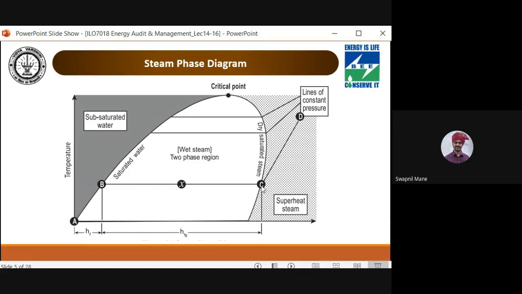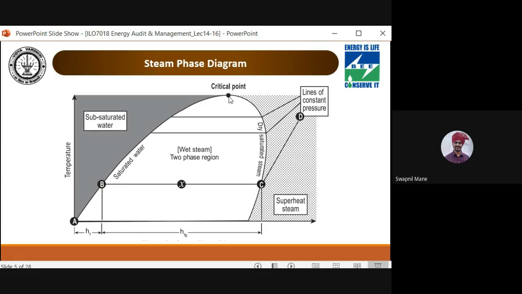Then this part at C is called saturated steam, and the boilers which operate below C are called low capacity boilers. Boilers which operate at this point, which is 221.2 bar pressure and 374 degrees Celsius, are called critical boilers. So critical boilers are those boilers in which the sensible part is removed, and only conversion from water to steam takes place.